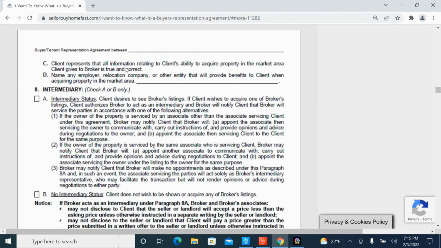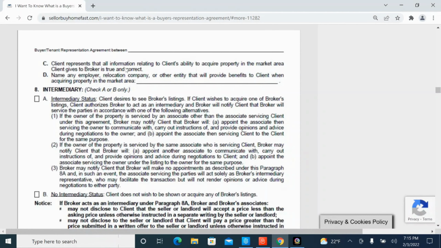If you choose a realtor who is with the same broker as me, this would put us in an intermediary status. So we are basically under one broker.